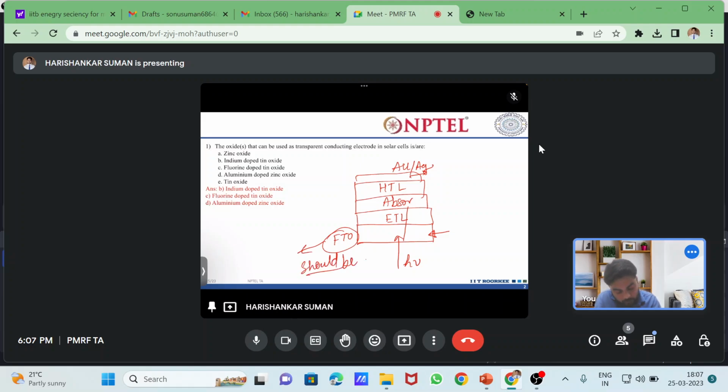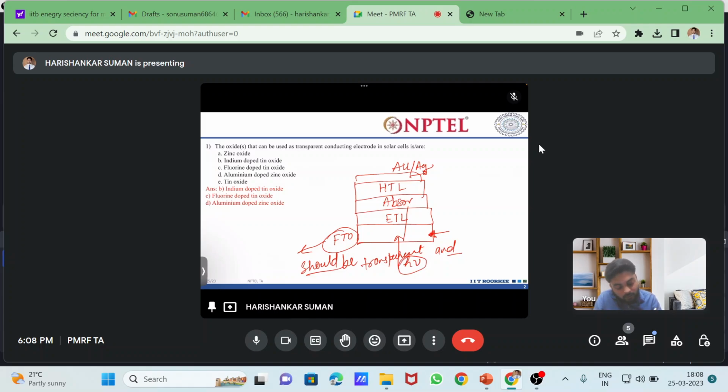So FTO should be transparent and should have a high band gap. Why high band gap? Because of absorption of wavelengths less than Eg.